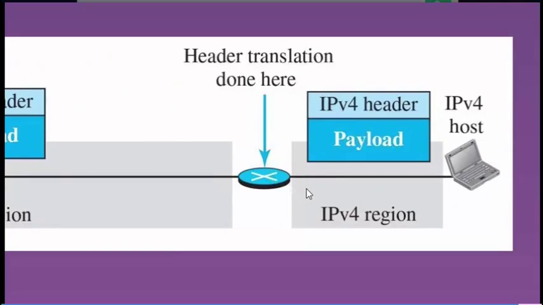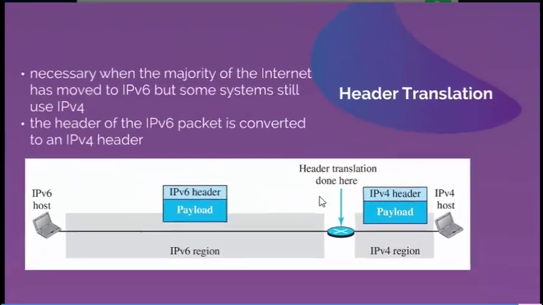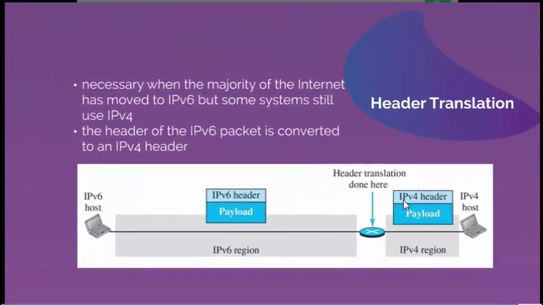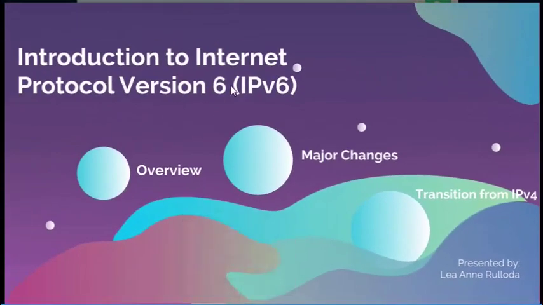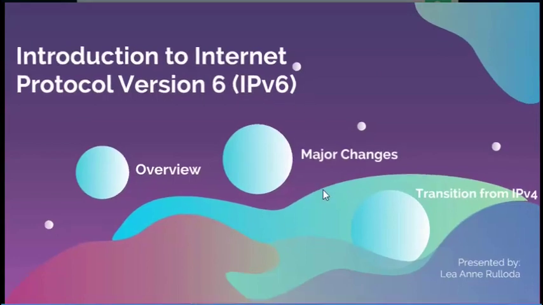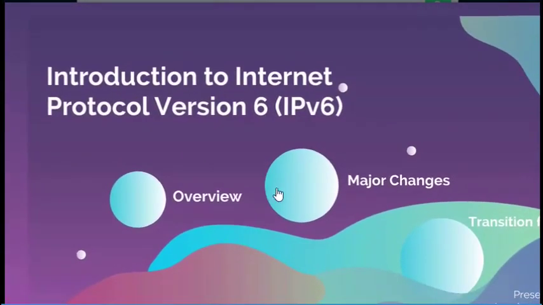So it translates from IPv6 to IPv4, so that even IPv4 computers or terminals would be able to read and write the packets, and vice versa, IPv4 to IPv6 also. So it passes through the translation again, going back to IPv6. So that's how IPv6 is going to work for us as we transition from IPv4.